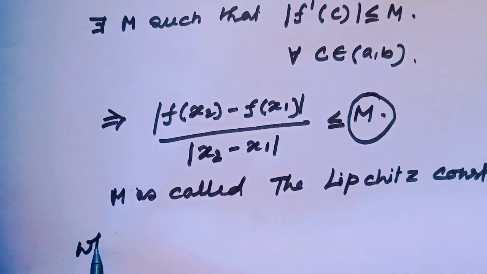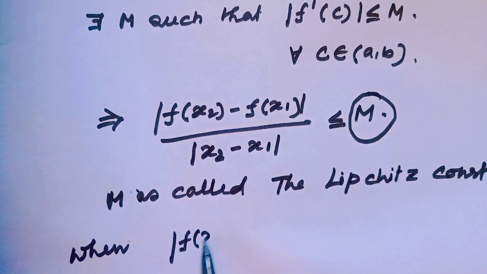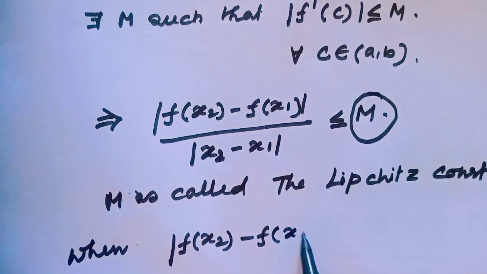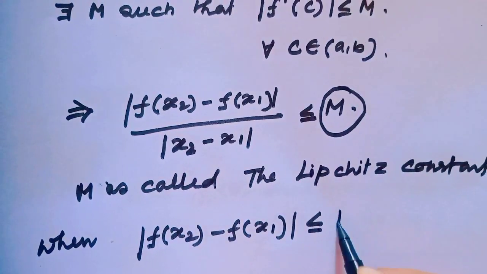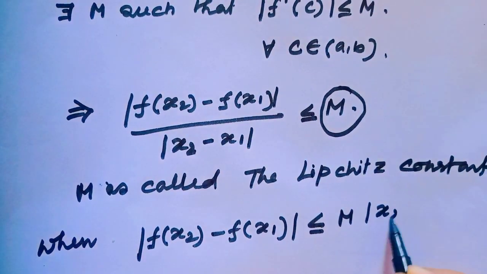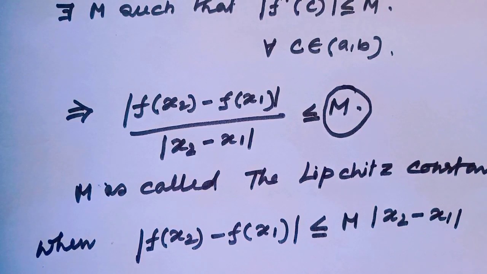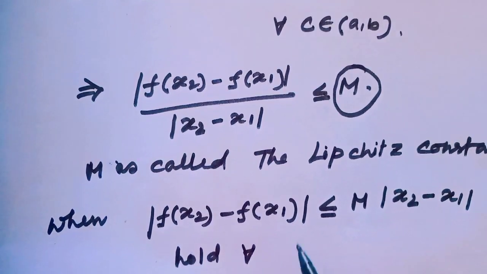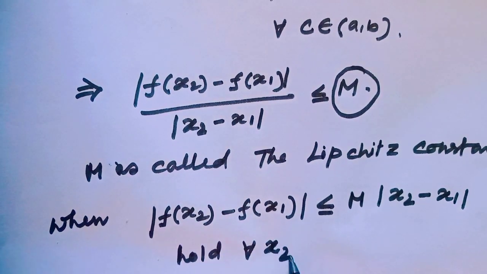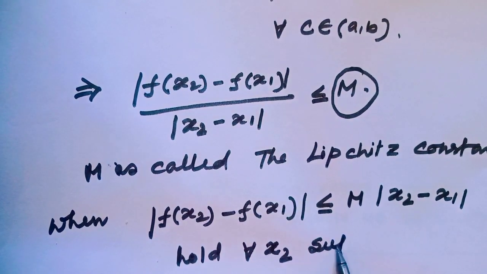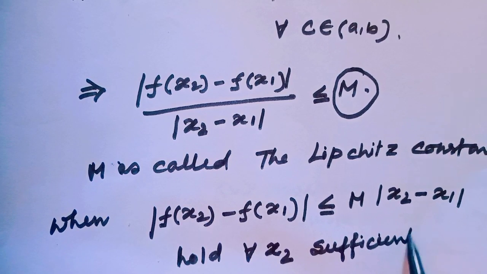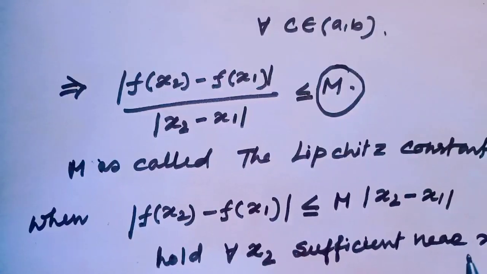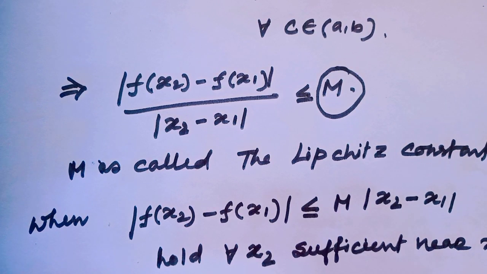Well, when the absolute value of f(x2) minus f(x1) is less than or equal to capital M times the absolute value of x2 minus x1 holds for all x2 sufficiently near x1 within that domain, then this function is called a Lipschitz continuous function locally at the point A.